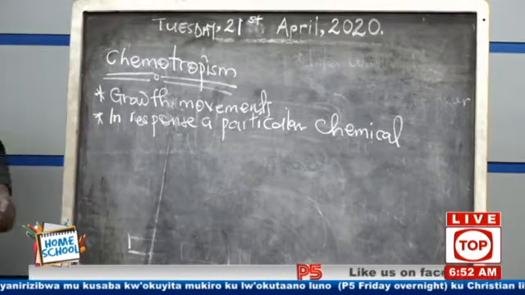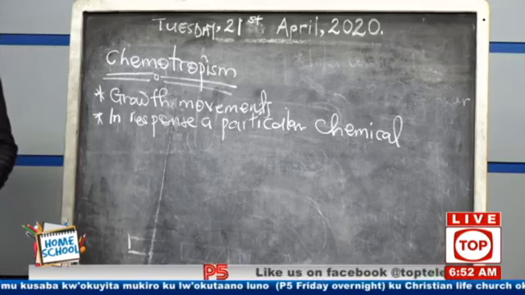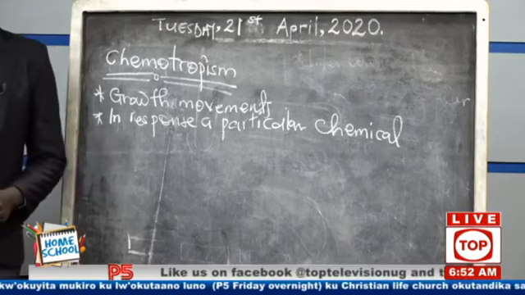The common example we have here is the growth of the pollen tube down the style during fertilization.